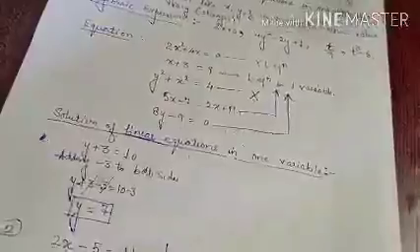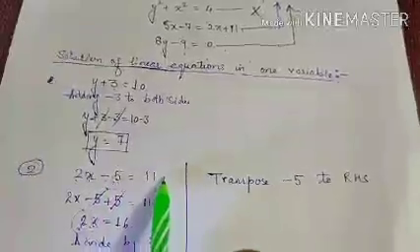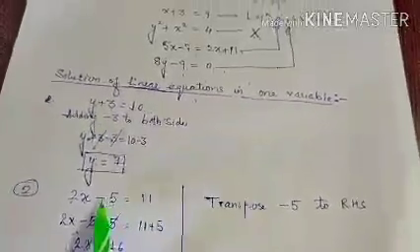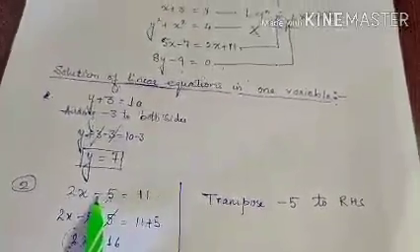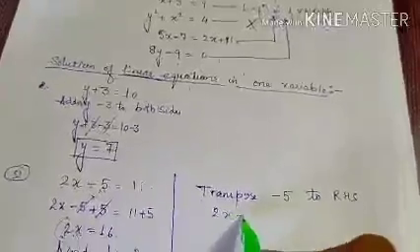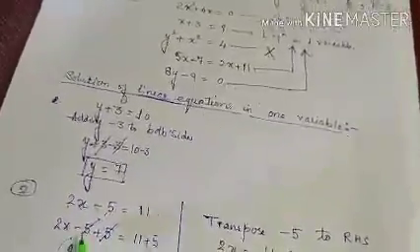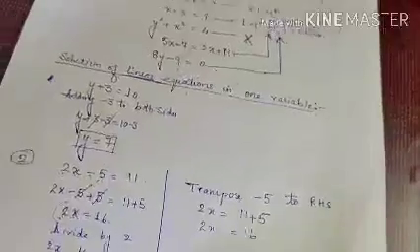Here 5 is subtracted from 2x, so when you transpose it to the other side, the reverse process of subtraction is addition, so it becomes 2x equal 11 plus 5. So you can write 2x equal 16.